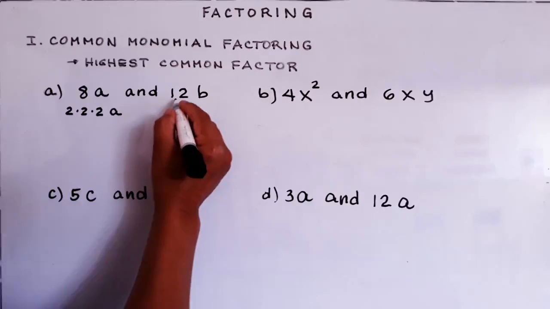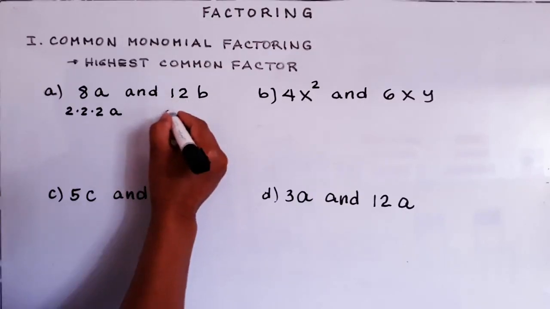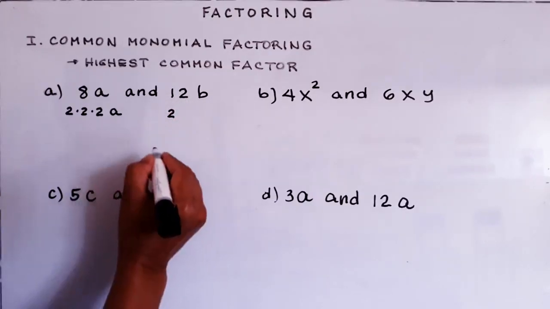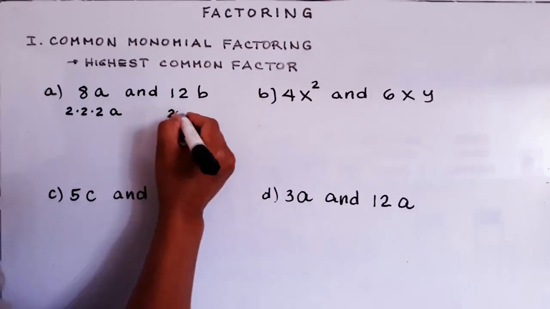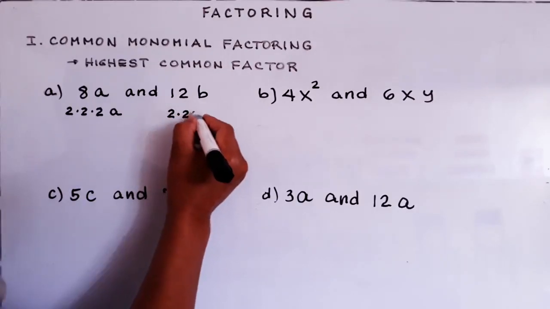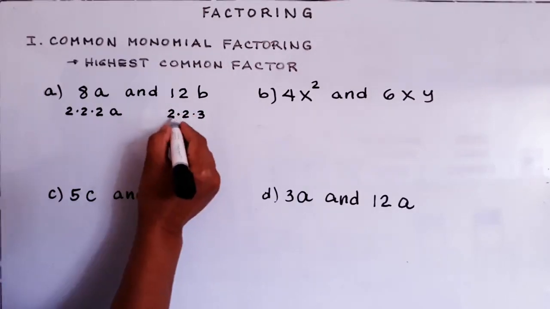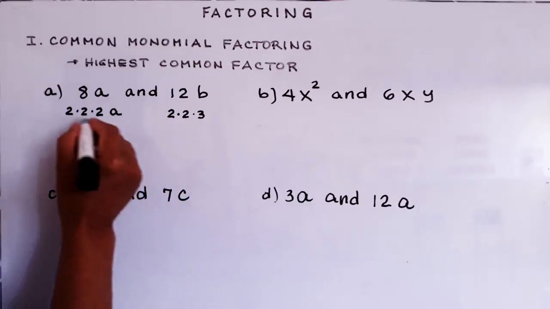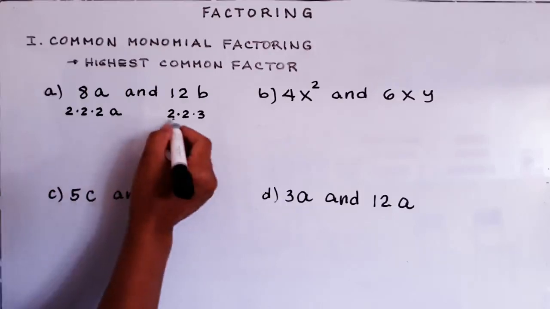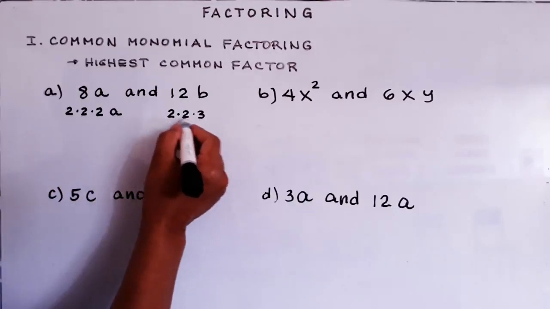Okay, for 12, let's start with 2 times 6, and 6 can be factored again, so we have 2 times 3. 2 times 2 is 4, times 3 is 12. All the numbers here are prime numbers: 2, 2, 3.